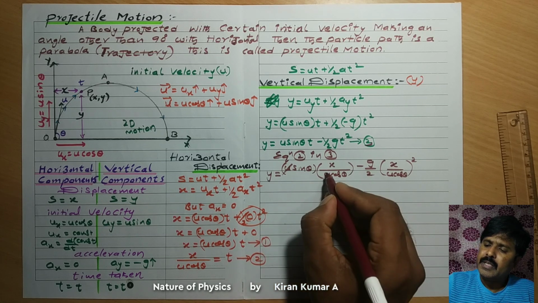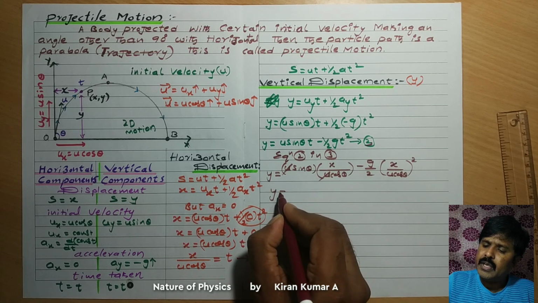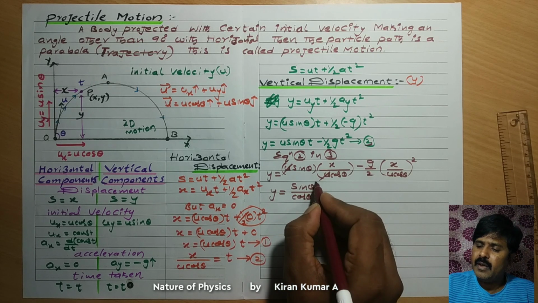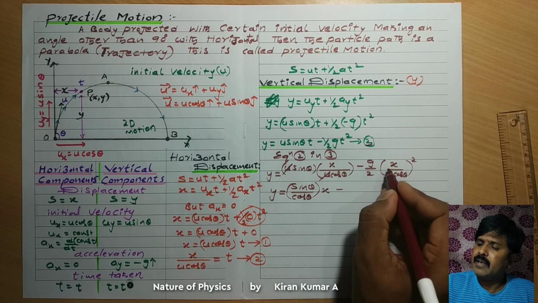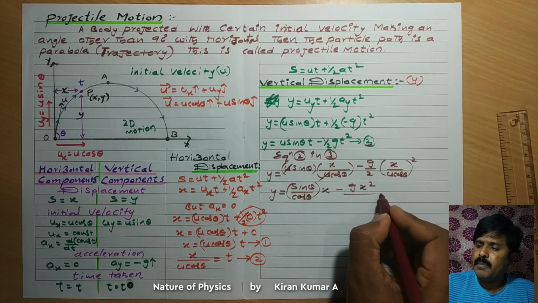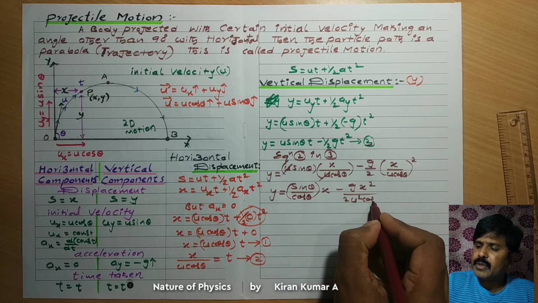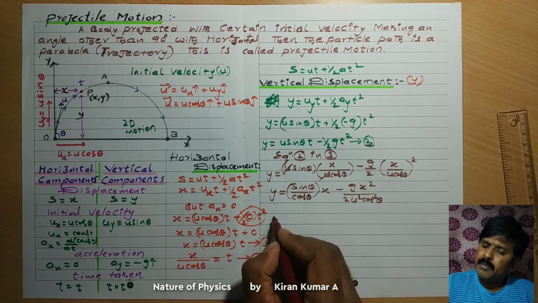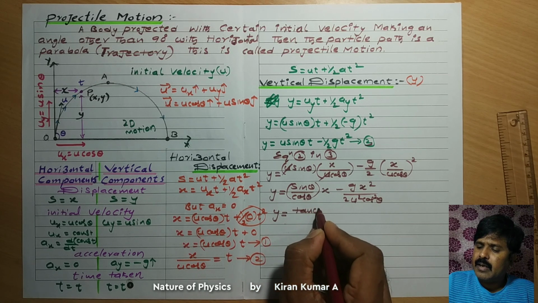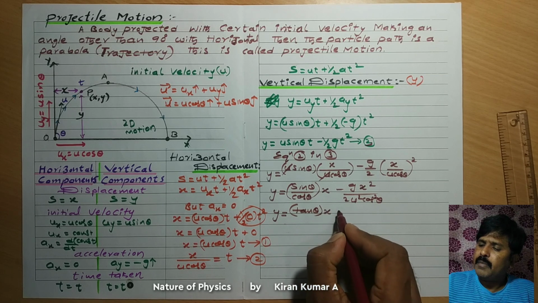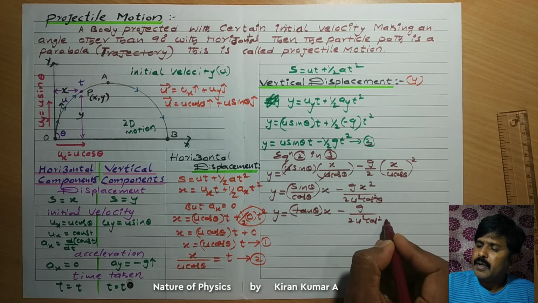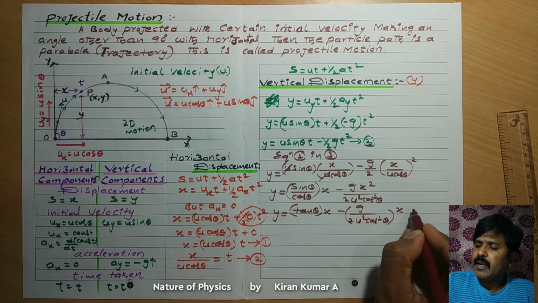Now u gets cancelled, and I get y is equal to sin theta divided by cos theta into x, minus g into x square divided by 2u square cos square theta. So finally y is equal to sin theta by cos theta, which is tan theta, into x, minus g divided by 2u square cos square theta into x square.